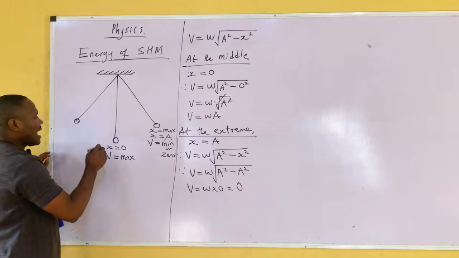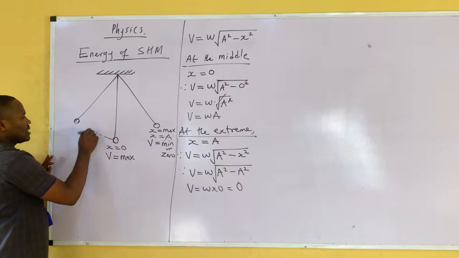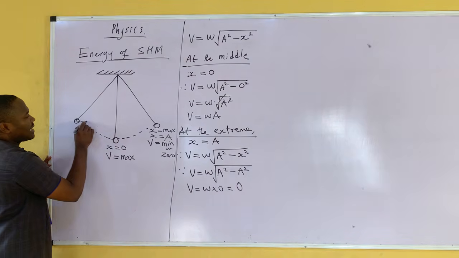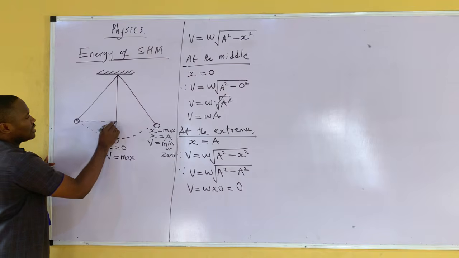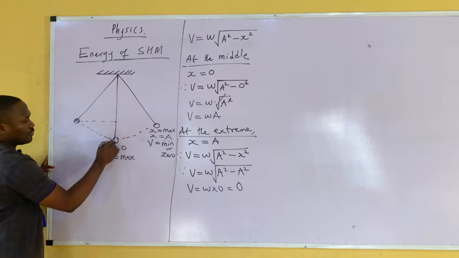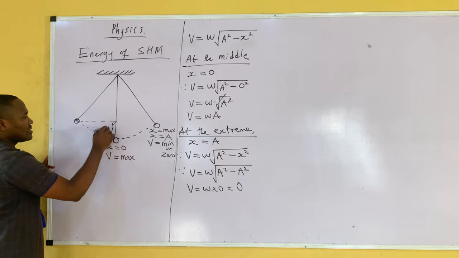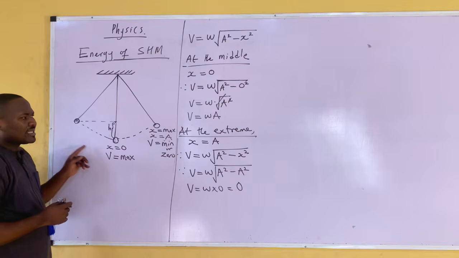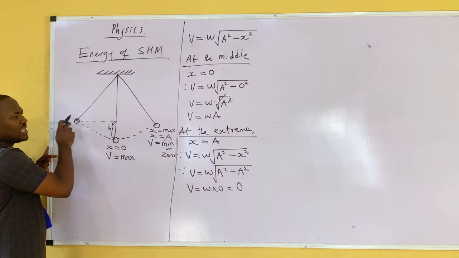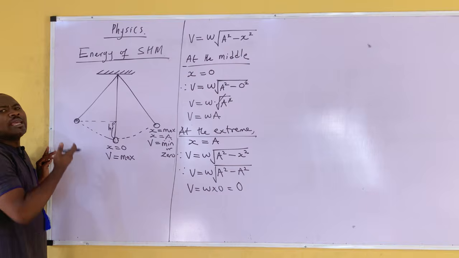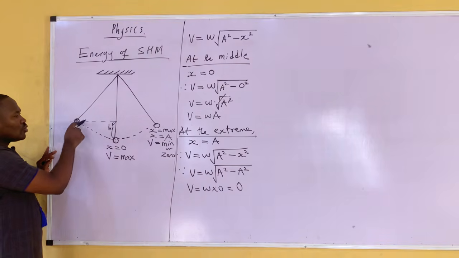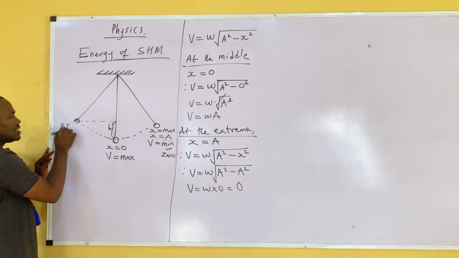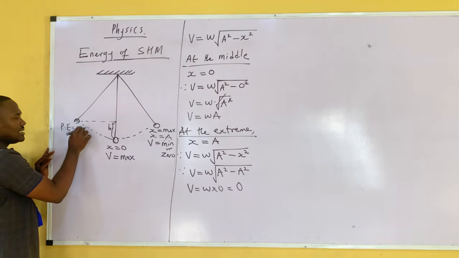Now, mind you, as this ball swings this way or swings this way, it now has height. Look at it. Compared to the level where it was before, there is height. So if there is a height, it means that potential energy, which is the energy that involves height, is maximum at this extreme.